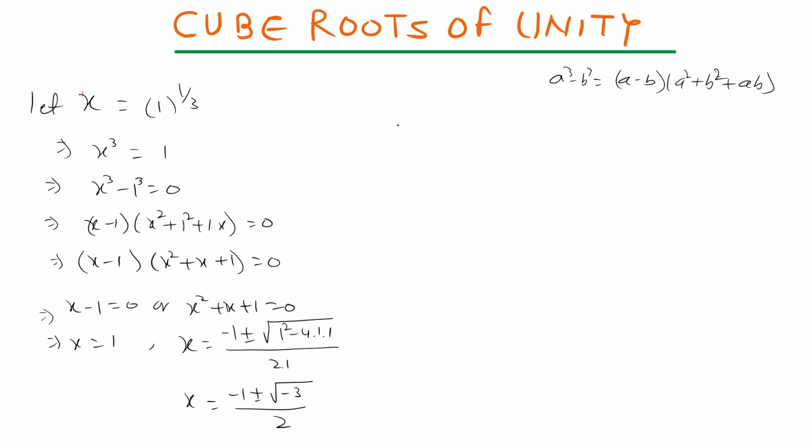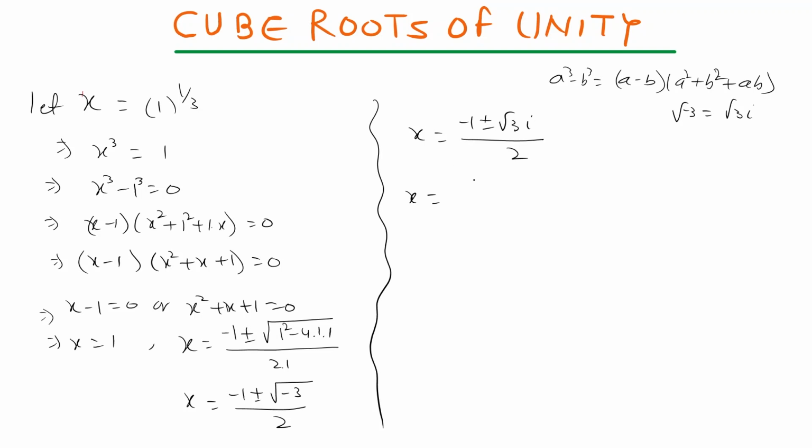So x is equal to minus 1 plus minus root 3 iota by 2. So we have two values. First one is x equal to minus 1 plus root 3 iota by 2 and the second one is x equal to minus 1 minus root 3 iota by 2, right?